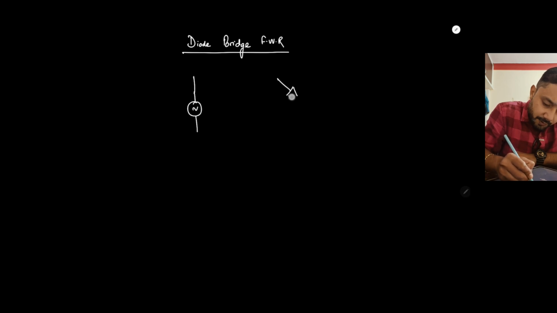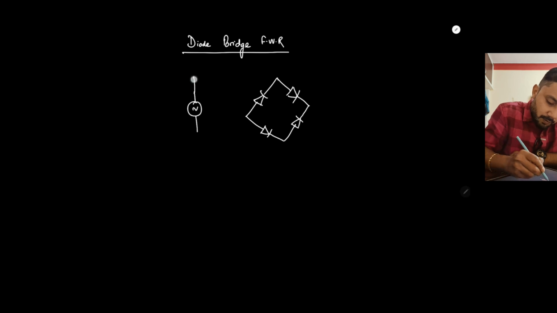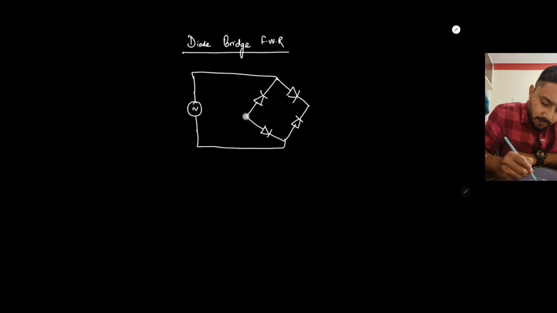So we have diodes connected in this manner. Here we can connect the load. Suppose we are connecting our load here, and suppose there is a voltage across the load.